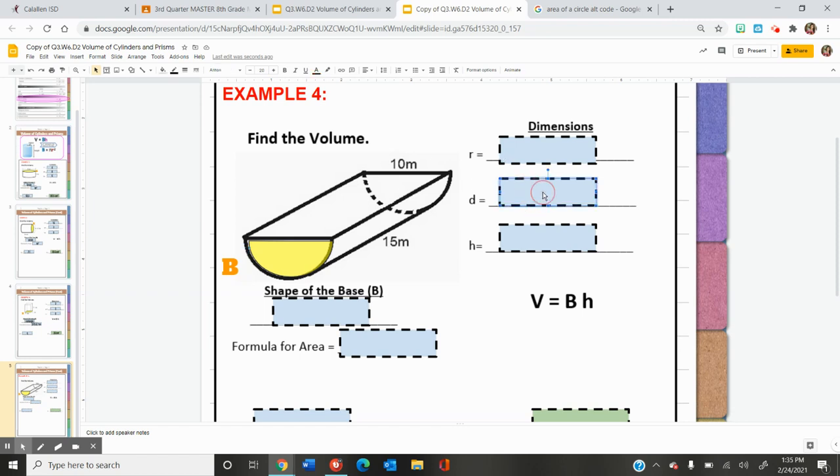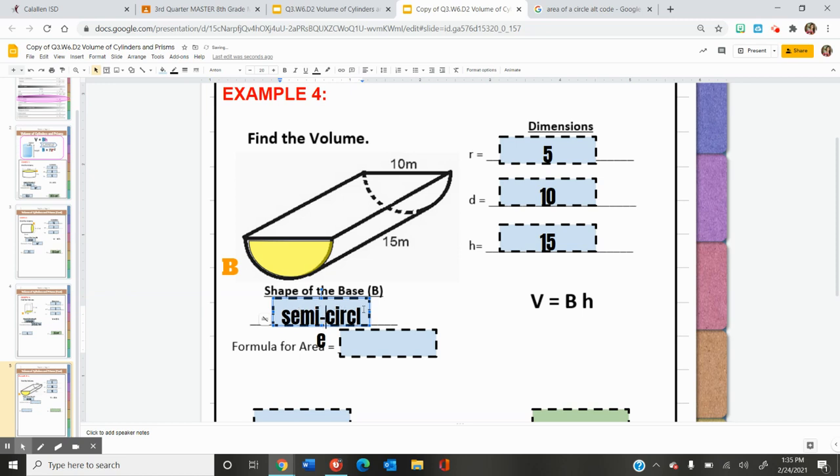Now remember, if it's going all the way across, that is telling you the length of your diameter, which is 10. Now we need to find the radius. The radius is half of the diameter, which means that is 5. Now when it comes to your height, that's the distance between both of your base shapes, and here that's going to be 15.